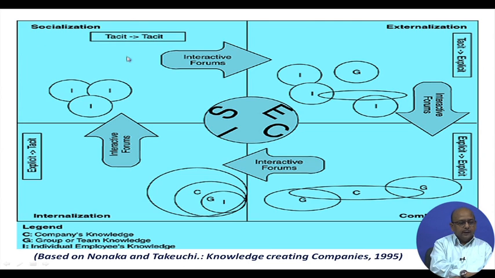Socialization, where you go for personalized knowledge transfer, tacit to tacit; externalization, that is tacit to explicit; combination, explicit to explicit; and internalization, where you read something, then you come to know about something, and that is tacit knowledge, right. Now, if you look at this, how can we make use of it? See, there are different kinds of things.